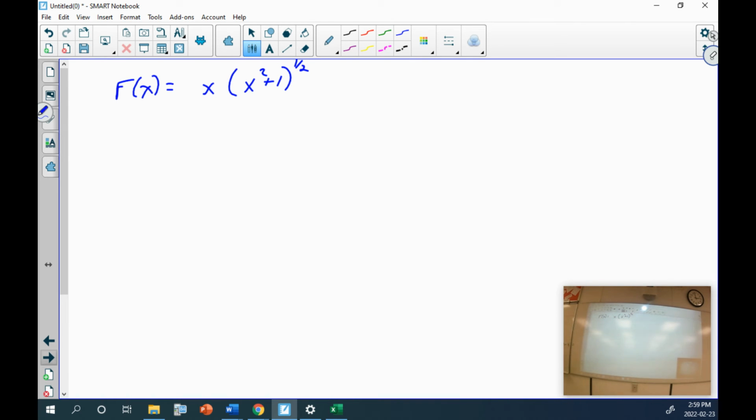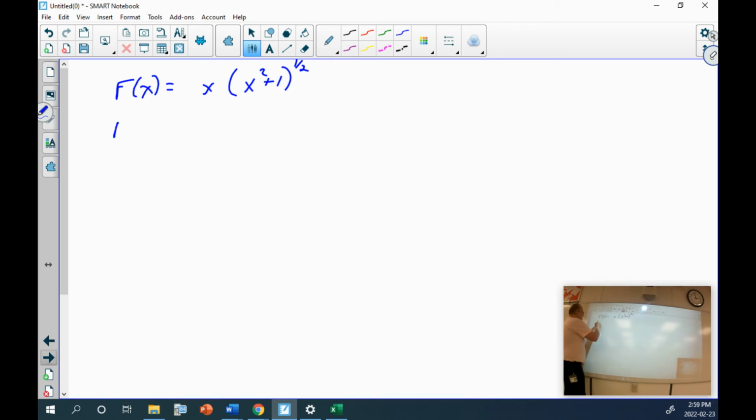Okay. We know it's a product rule, because I cannot multiply that, it becomes a pain to multiply that in. I can trick it into doing that, but we have the product rule.